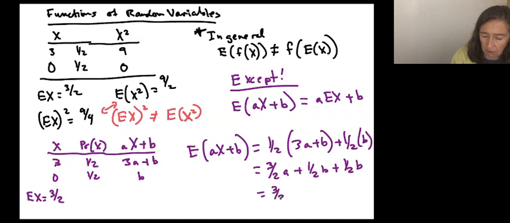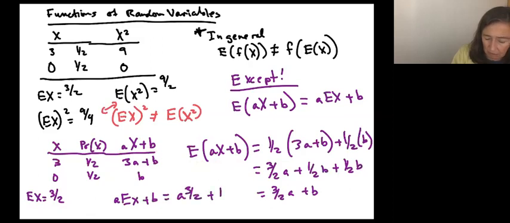It is 3/2 a plus b, which is indeed the same thing that we get if we take the expected value and multiply it by a and add b. So what we've got here is applying the function first, then taking the expected value. And what I'm getting ready to write is a times the expected value of x plus b, which is a times 3/2 plus b.